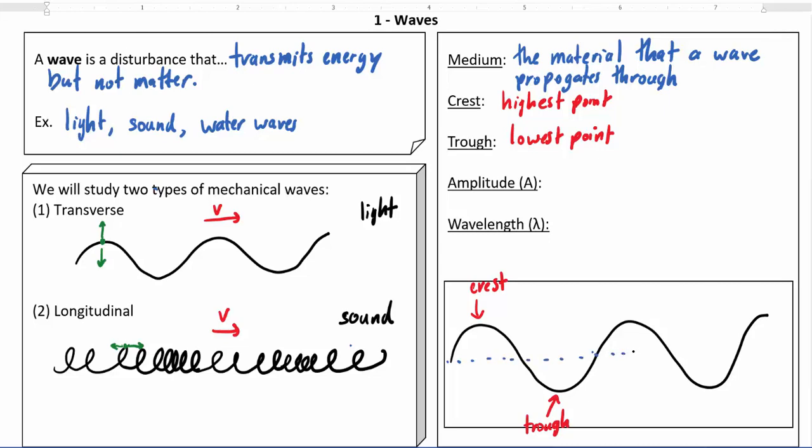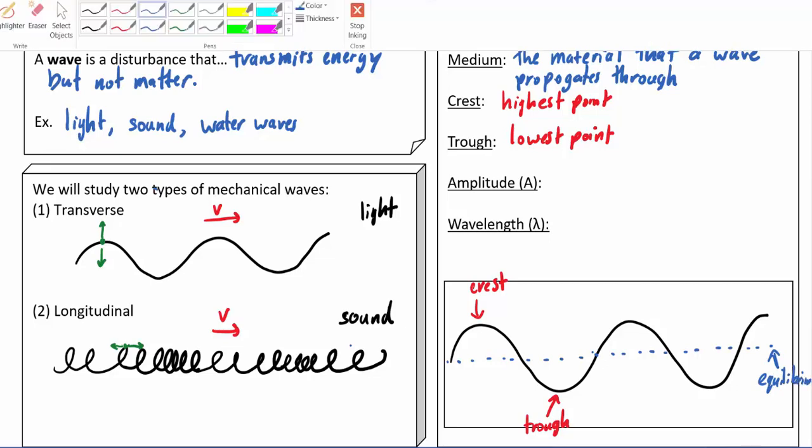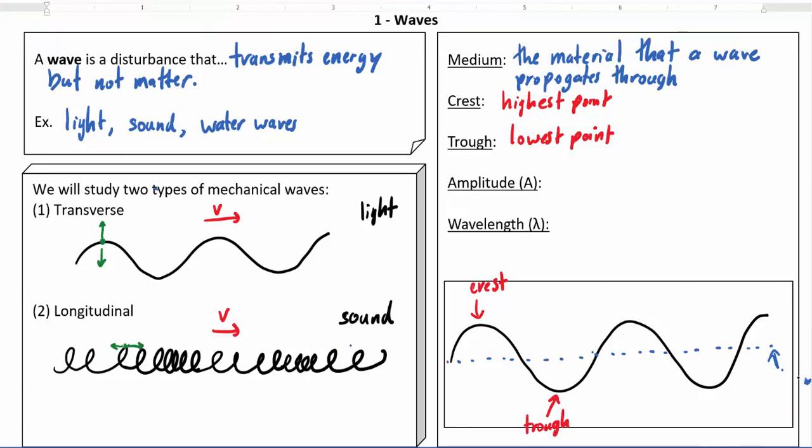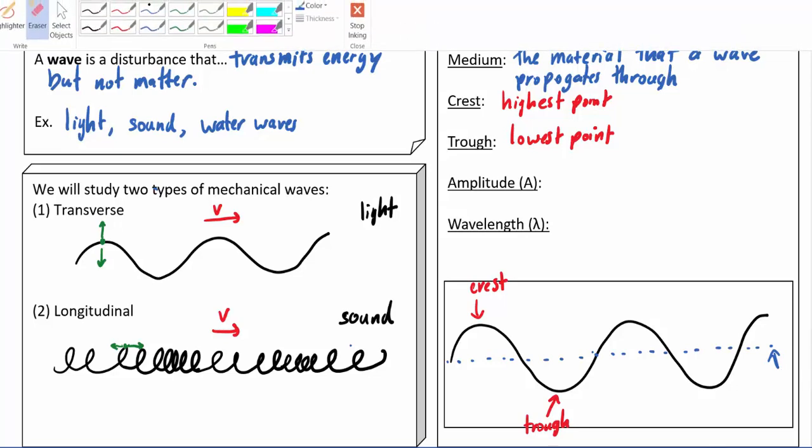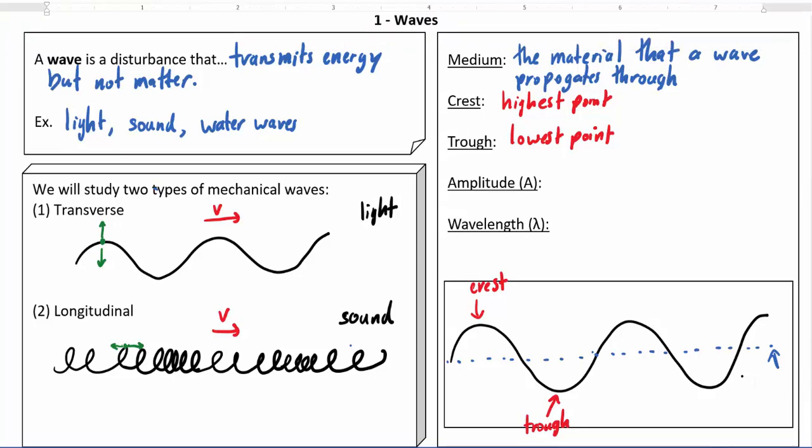If we imagine this being a string, like in that animation, this equilibrium point is the point where the string would rest if we weren't moving it back and forth.